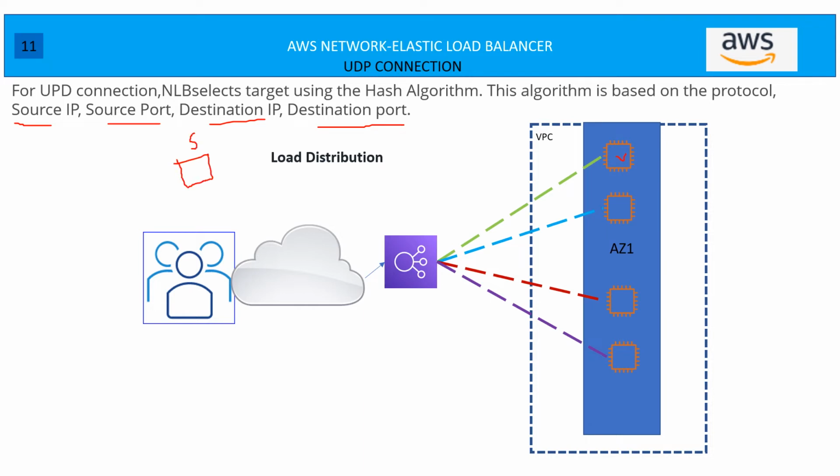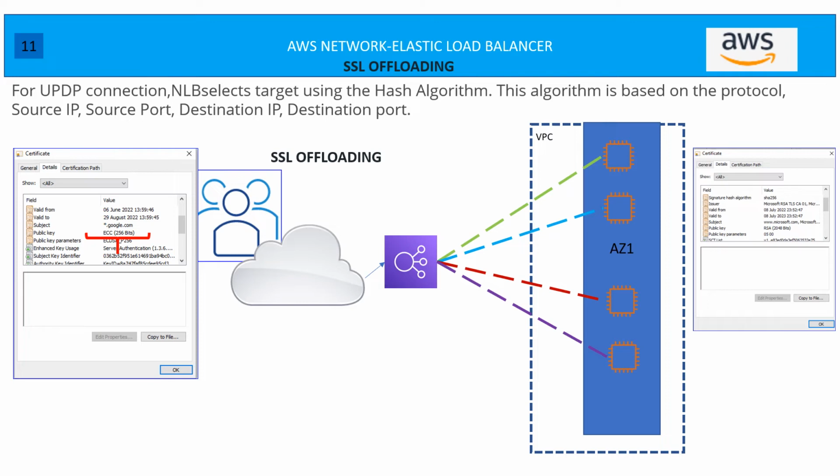If this is my source, I'm hitting the load balancer, and this source creates multiple connections. So the bad part comes: source IP is fixed, my destination is also fixed, and ports are also going to be fixed. So anytime I hit this load balancer, I will only be redirected to an EC2 instance which comes out from the hash algorithm, and that hash value is going to be the same.